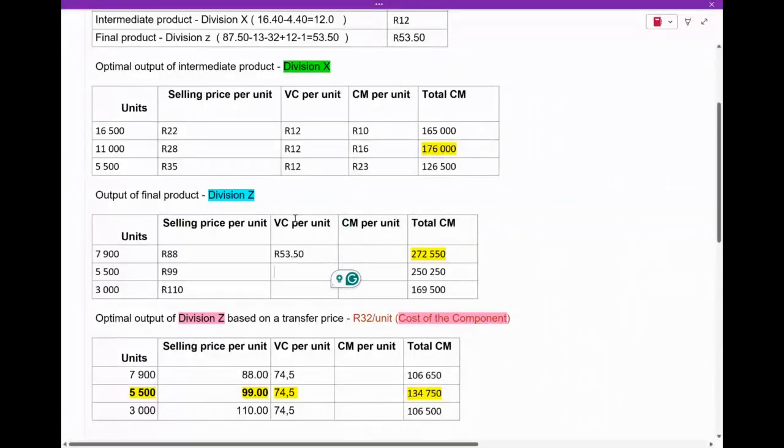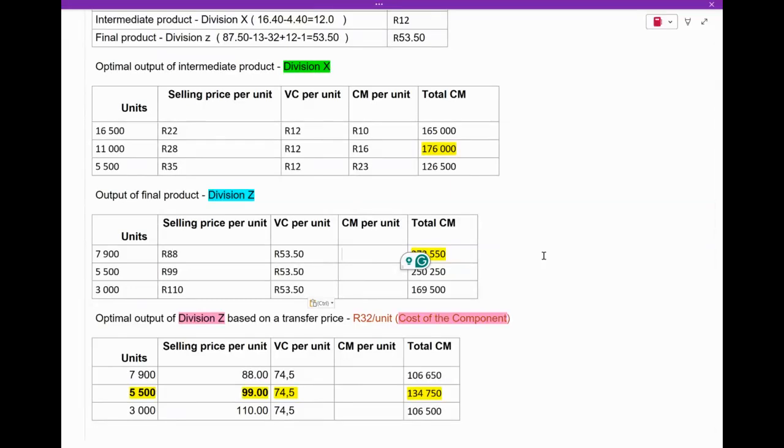Copy and paste. Okay, right. So now, same process. 88 Rand minus 53 Rand 50. What do we get? 34.50. Next one. 45.50. And the final one. 56.50.